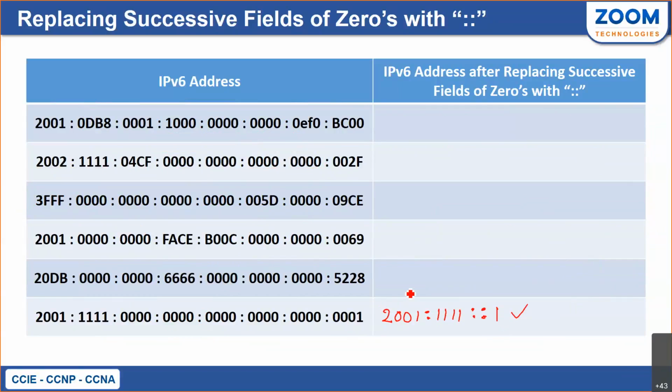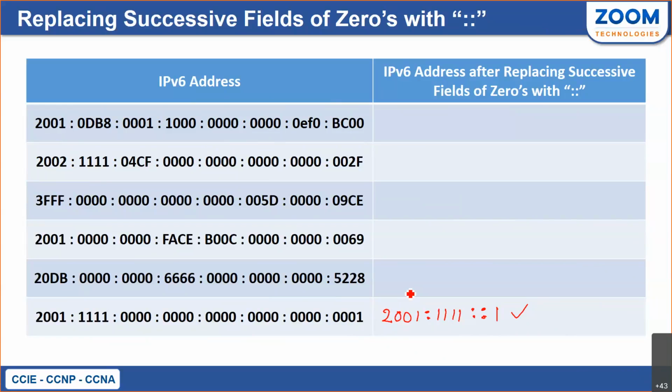IPv4, IPv6, both are simple if you understand the logic. Someone is connected to IPv4, someone is connected to IPv6, someone is connected to both IPv4 and IPv6.